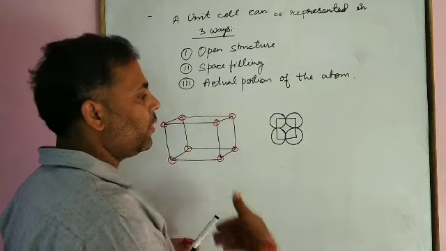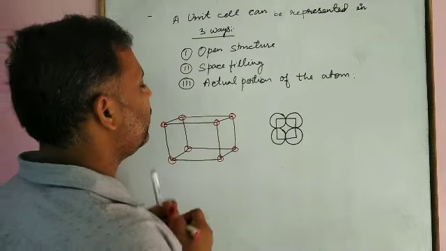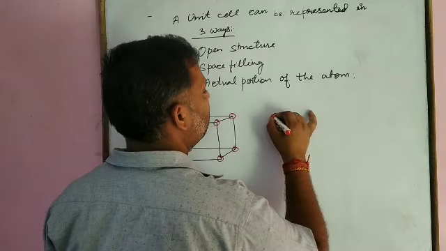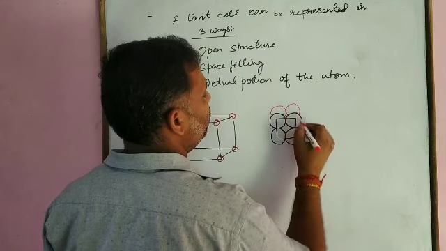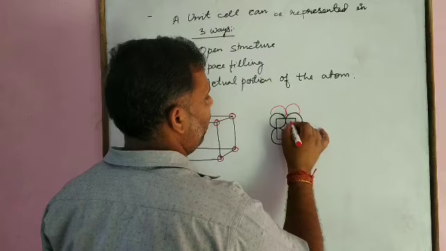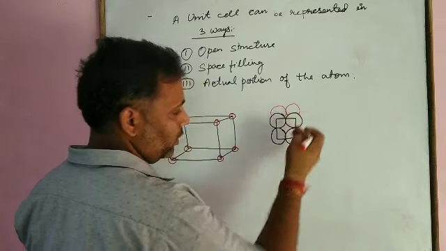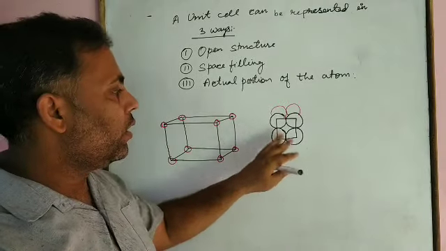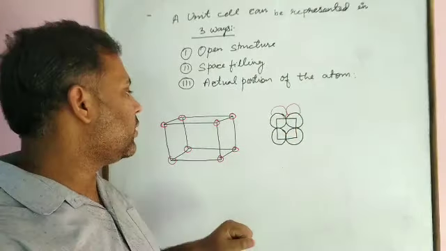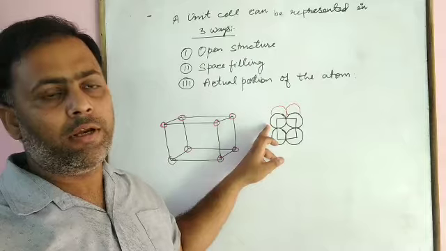Behind that, four atoms are also there. This one is one, this one is two, and two behind this. It means this is known as space filling model, in which we are going to represent the actual size of the atom.